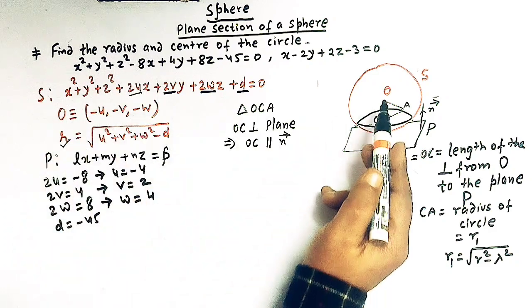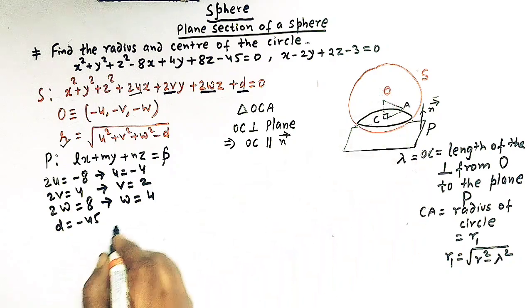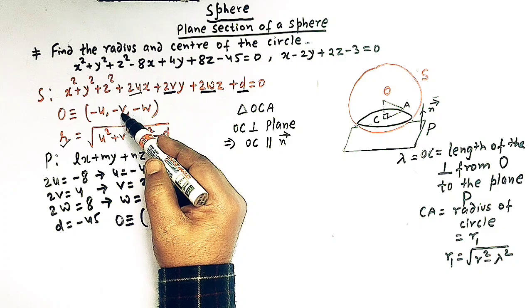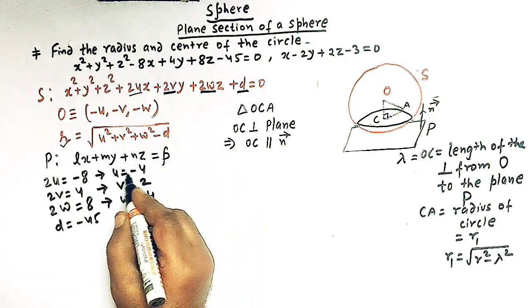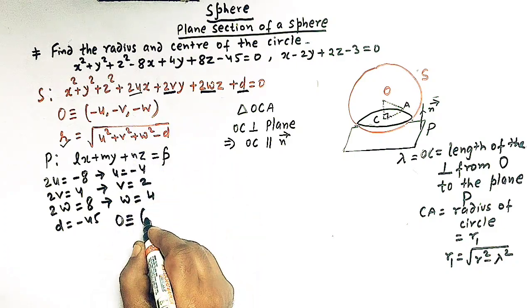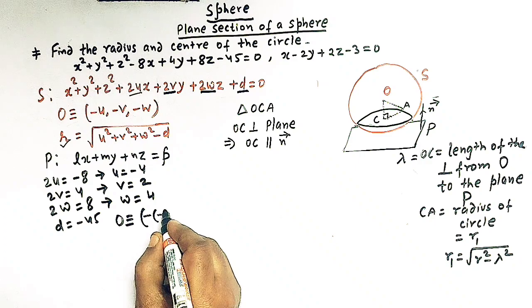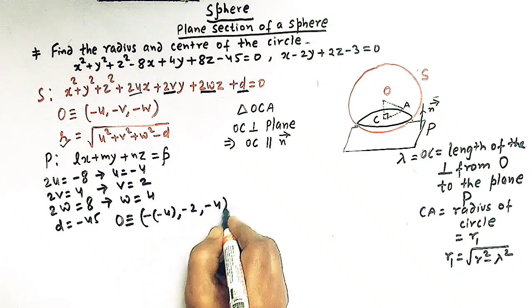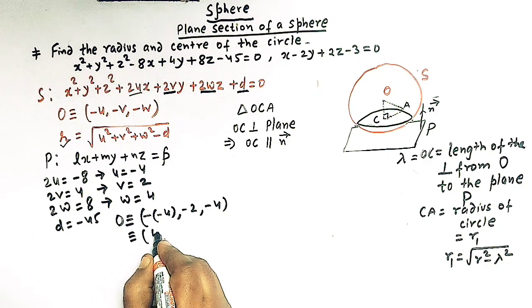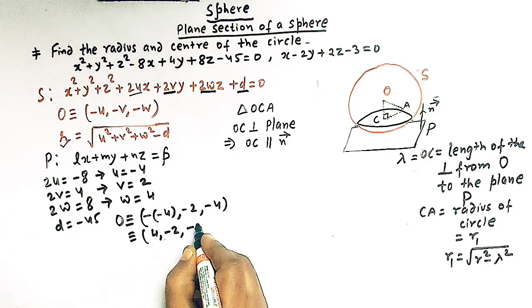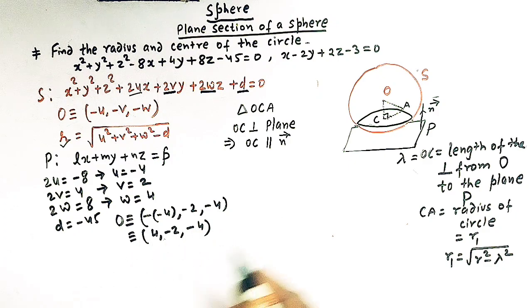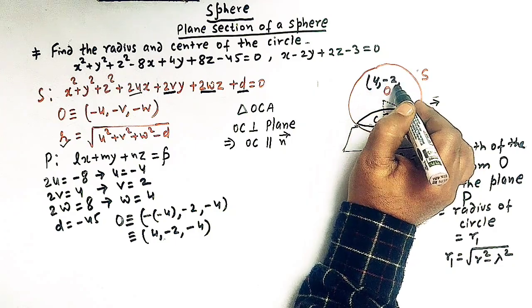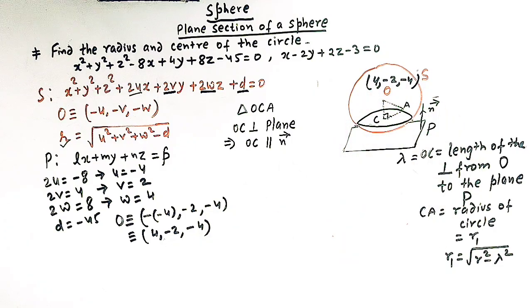And the center of the sphere O is given by minus u, minus v, minus w. So the center O is given by 4, minus 2, minus 4, right?